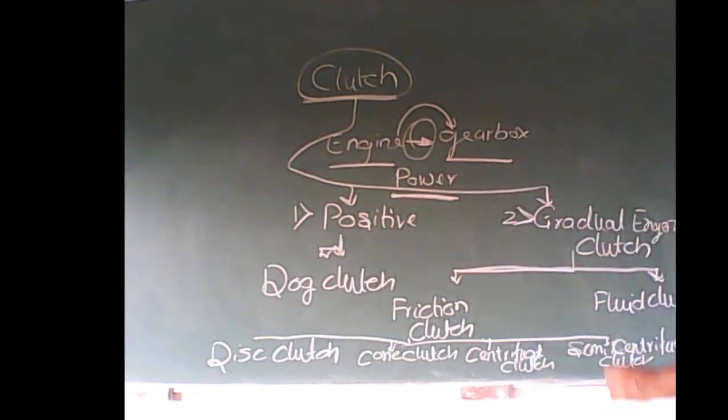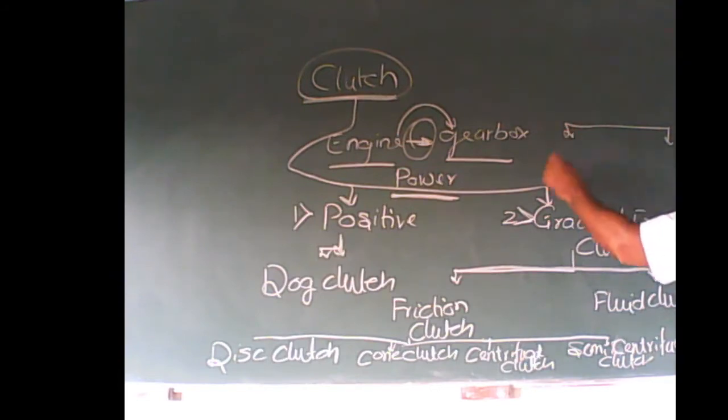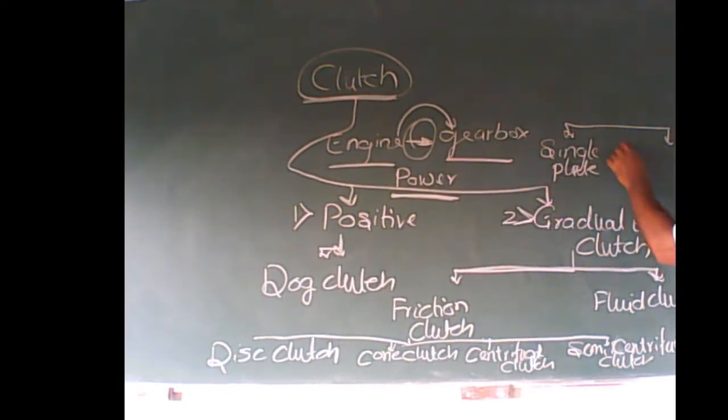Under disc clutch, we have two types. One is single plate clutch and multi-plate clutch.